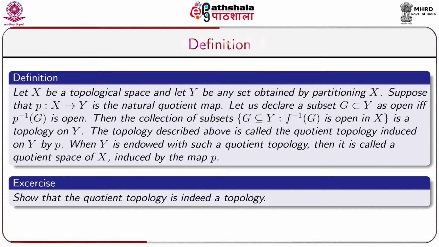Then the collection of G subset of Y such that P inverse G is open in capital X is a topology on capital Y. This topology is called the quotient topology on Y induced by P. When capital Y is endowed with such a topology, it is called the quotient space of X and the mapping P is called the quotient map.